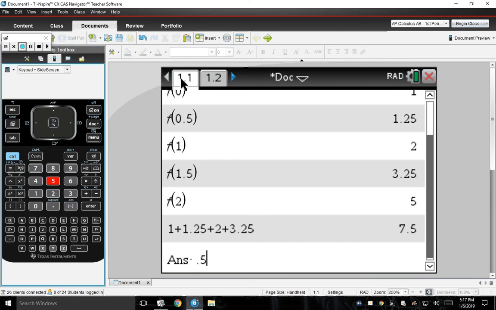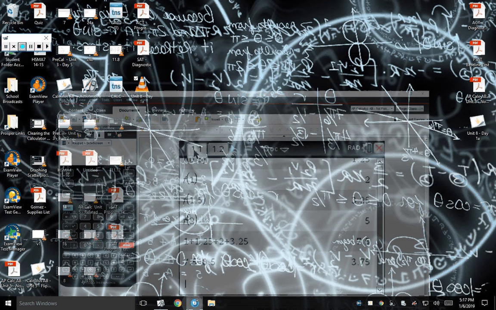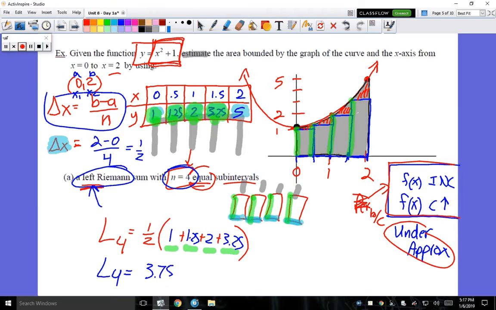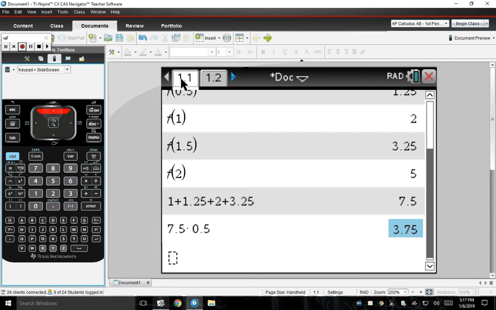Remember, we factored out the GCF, so we just have to multiply it one time. And we get 3.75. Let's see if there are any more decimals. Nope, that's it.